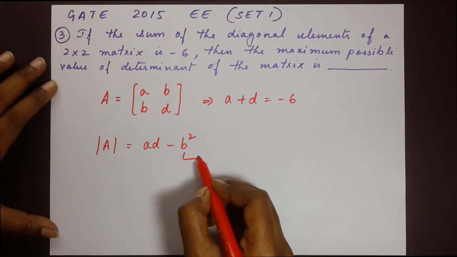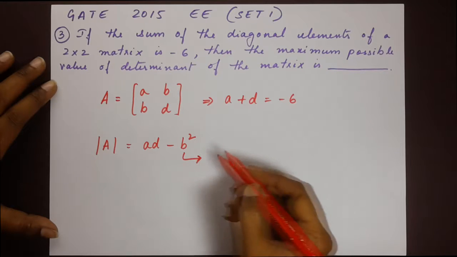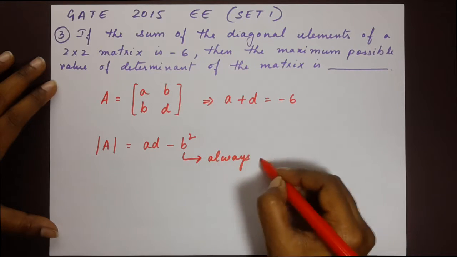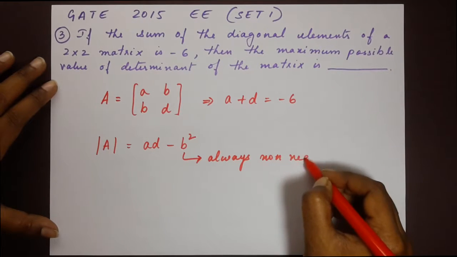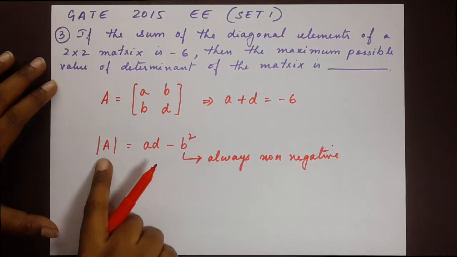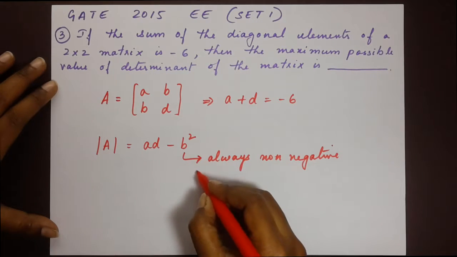Now b², because it's a squared term, is always going to be non-negative. And also, in order for the determinant to be maximum, b² should be 0.